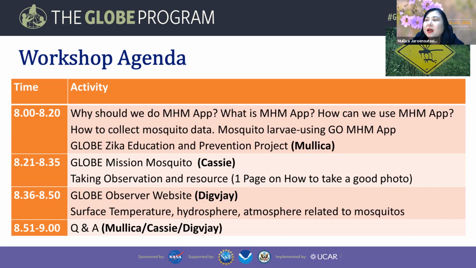Otherwise, we cannot identify mosquitoes or count the number of mosquitoes in each breeding site. The data will be more meaningful if you have a good photo of breeding sites where you can see mosquito larvae in it.